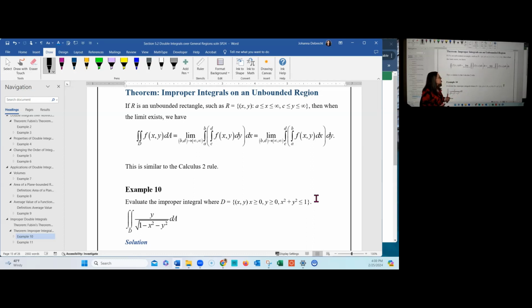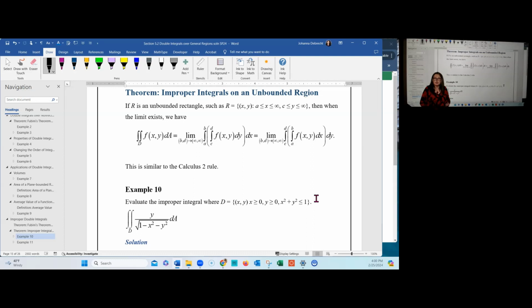In this case, we do have to split it, and we take the limit as b and d approach infinity. Notice that x is between a and infinity and y is between c and infinity. We'll take the limit as b and d approach infinity of the iterated integral, again whether it's type 1 or type 2, depending on which way you want to set it up.